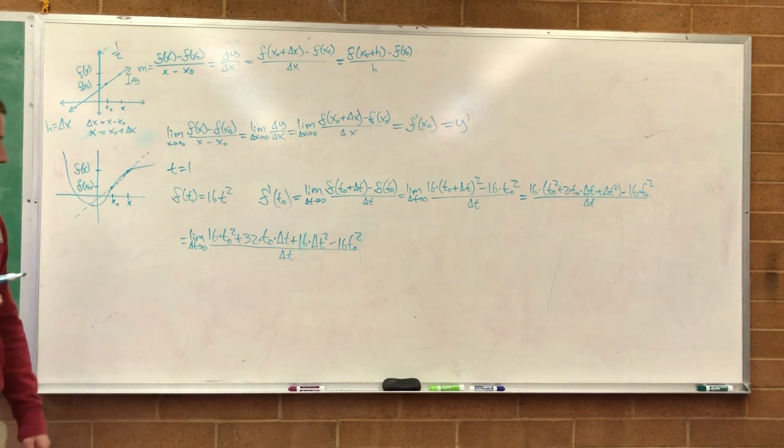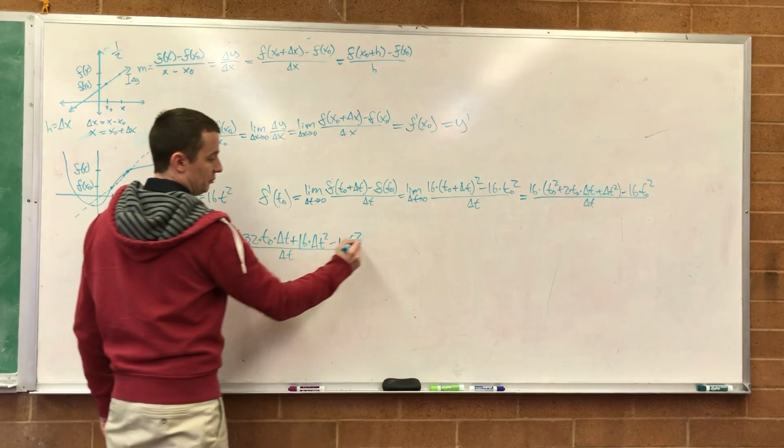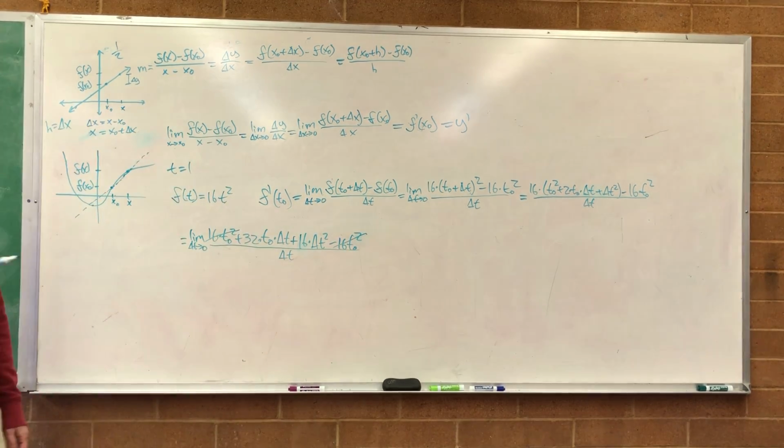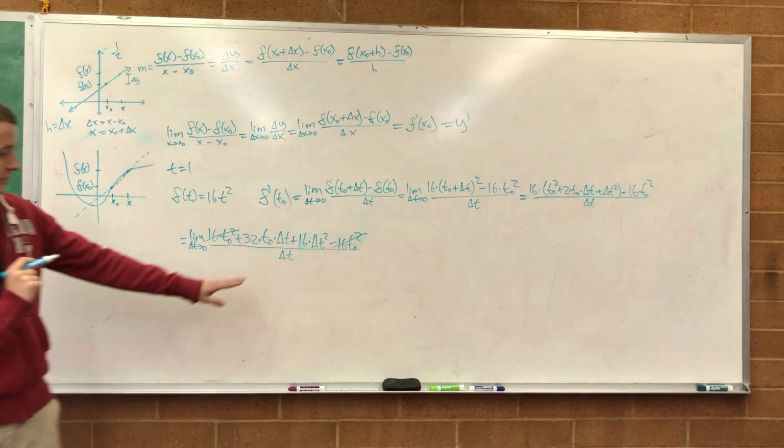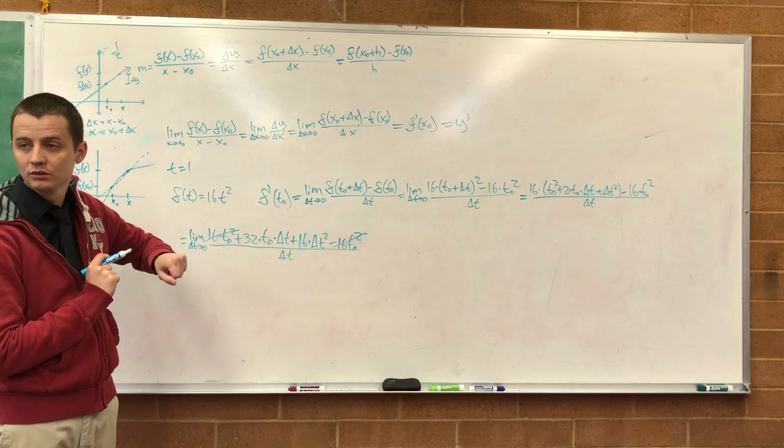Now notice the 16 t naught squared and the minus 16 t naught squared are going to go out. And then one of these delta t's, and then we can factor delta t out of these two terms.